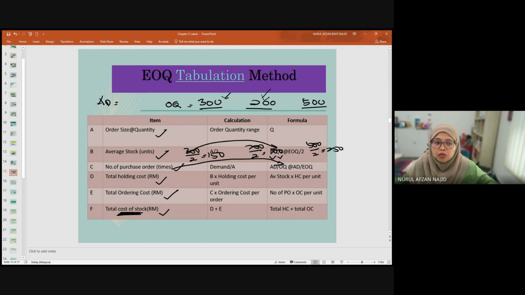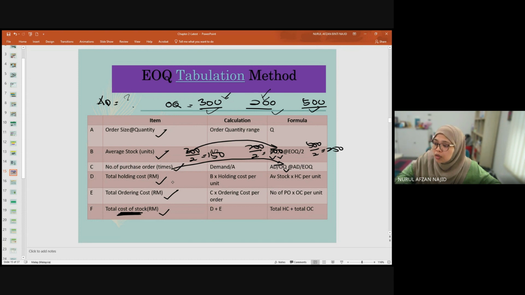So that's why kalau you salah annual demand, you salah lah number of purchase order. Bila you salah number of purchase order, totally yang lain tu dia akan jadi salah. Okay. So dia akan jadi AD bahagi dengan OQ. Alright. So carilah nanti akan ada dalam soalan tu how much the AD bahagikan dengan OQ. What is the OQ? Ni 300, 200, 500.